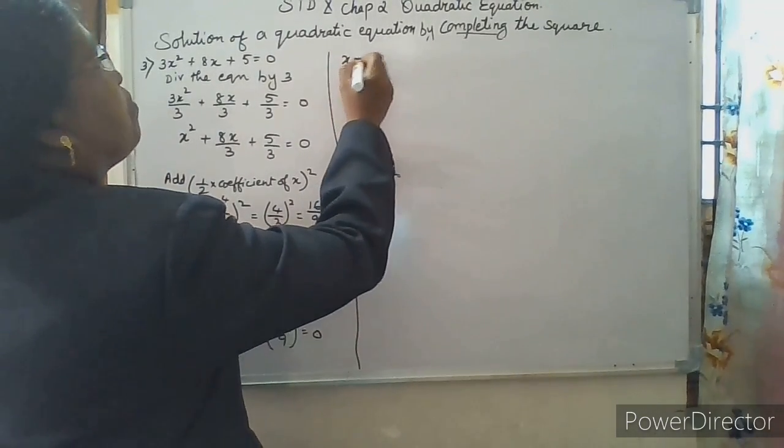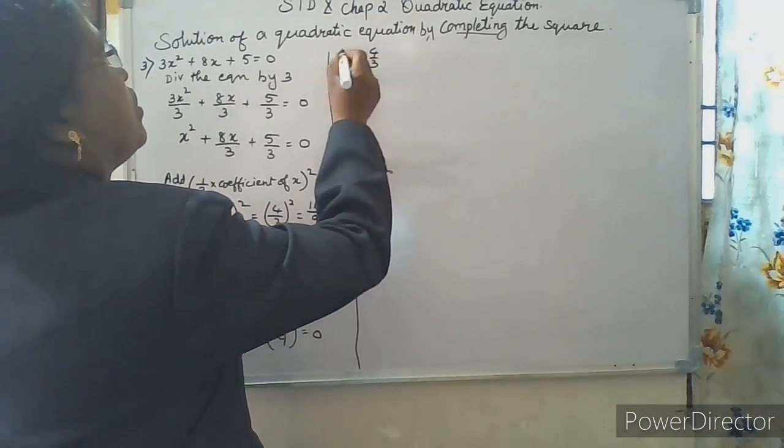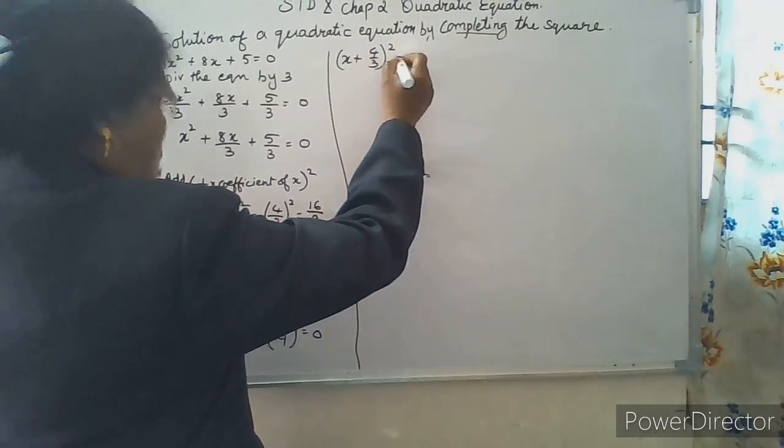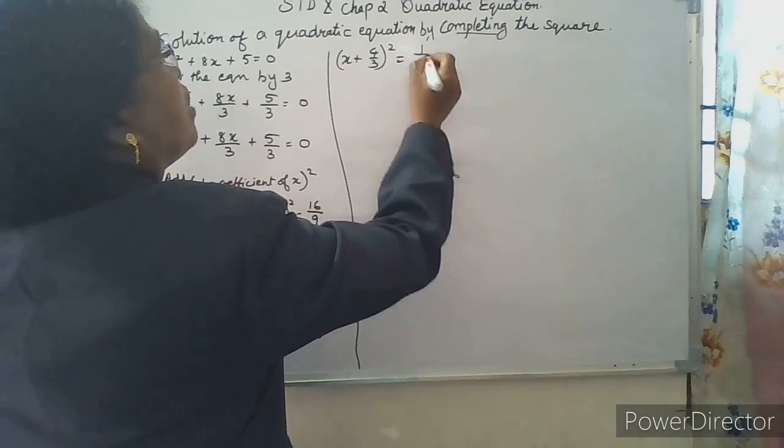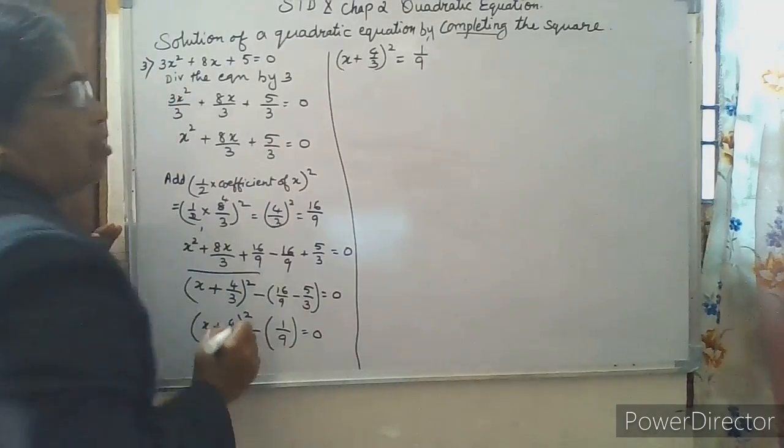So (x + 4/3) the whole square is equal to 1/9.